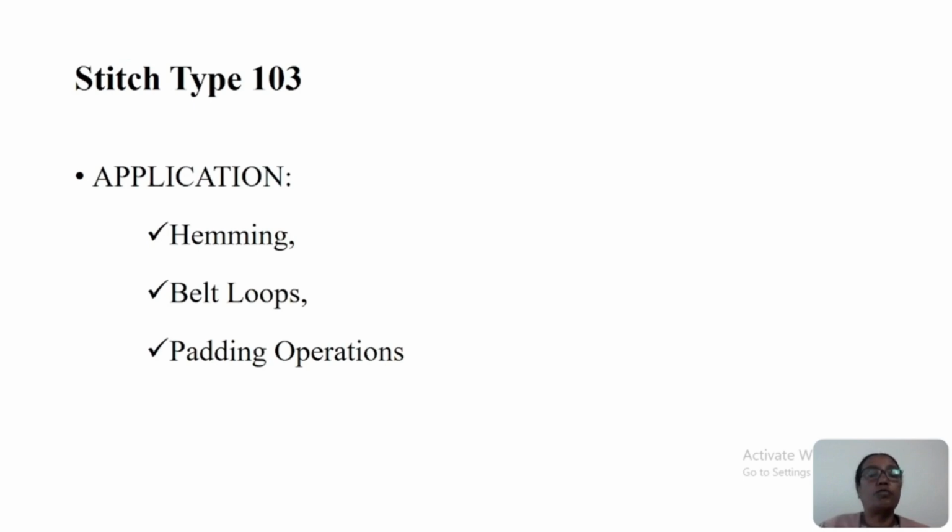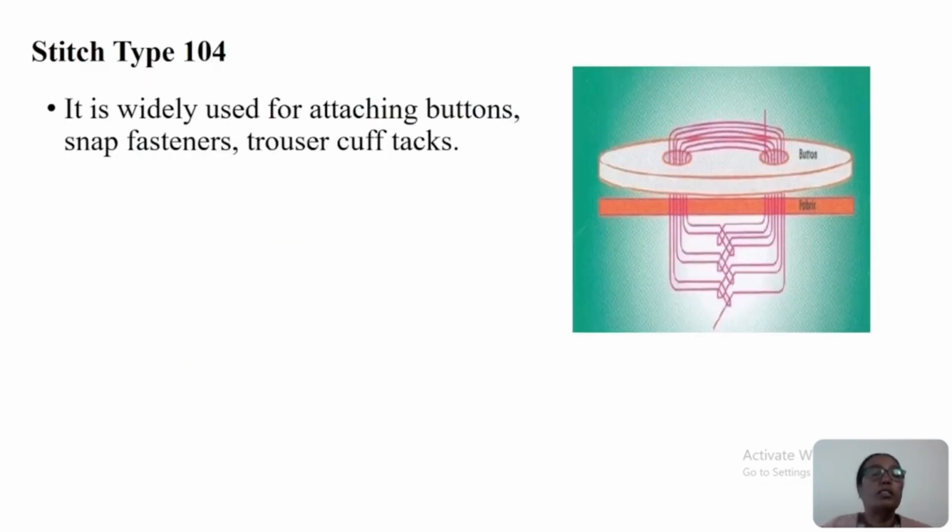Stitch type 104 is widely used for attaching buttons, snap fasteners, trousers, cuff tags. These are good examples for 104 stitch type. This is class 100 stitch type.